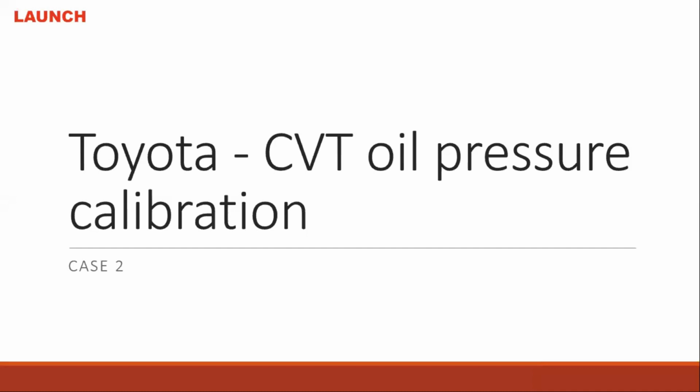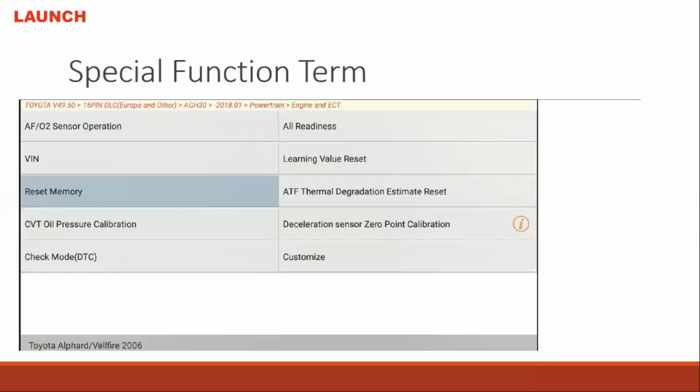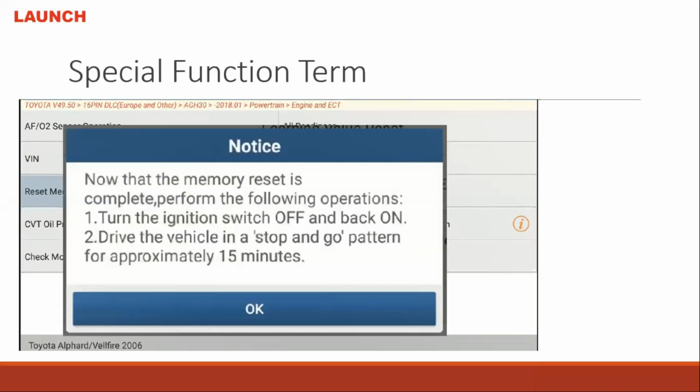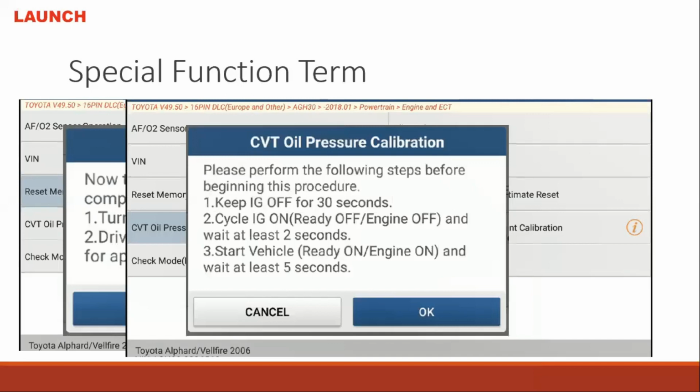Okay, for the Toyota CVT oil pressure, many people also complain about this problem, that they cannot do this learning. They didn't do the memory reset, because they ignore the notice.